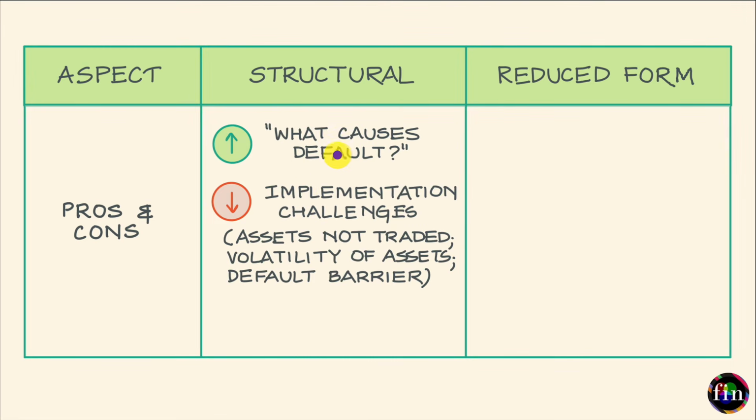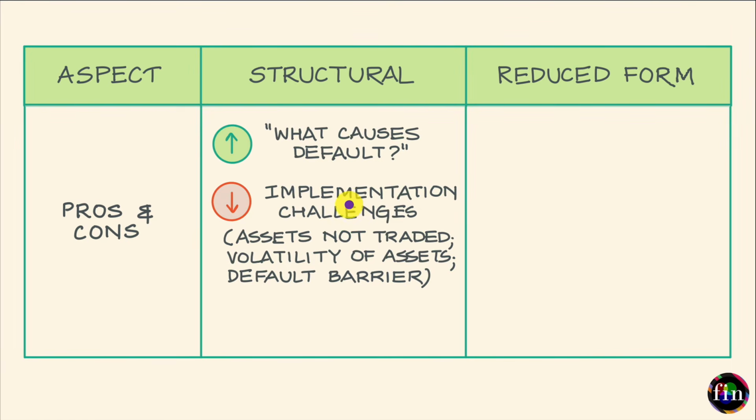Okay, a structural model will tell you how the various economic characteristics that you've chosen to work with relate with each other when default happens. Okay, a structural model, please note, can be quite intuitive, can be quite simple when you actually devise such a model. But challenges with respect to a structural model come up when you try and implement such a model.